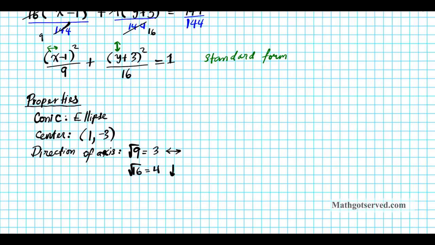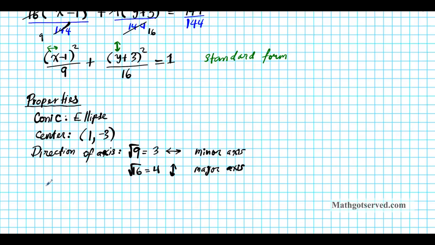Now we have to identify the major and minor axis. The major axis determines the orientation or direction of the c for the foci. The major axis is the bigger of the two. We can clearly see that the y direction is the major. So this is the major axis direction, and this is the minor axis direction.